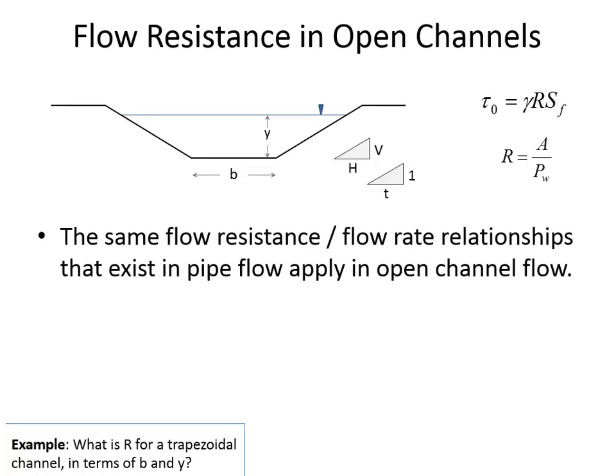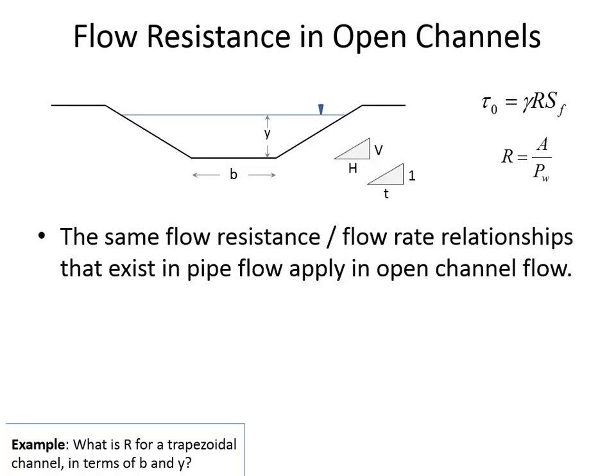For a channel like this, the same flow resistance equations apply. You can relate boundary shear stress to the slope of the energy grade line. That's still valid. The thing that's different here with the hydraulic radius is that the top of the channel, where the water is touching air, is not included in the wetted perimeter.